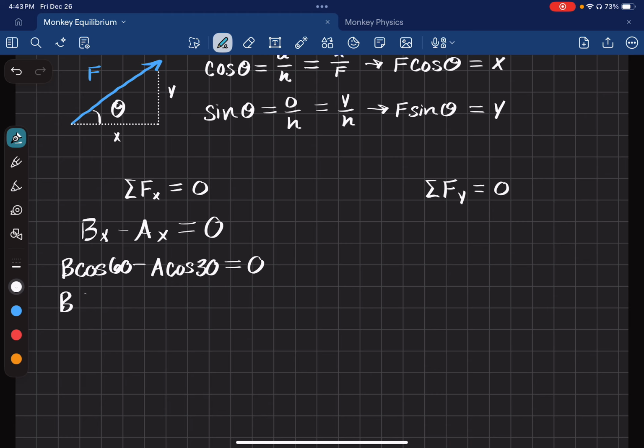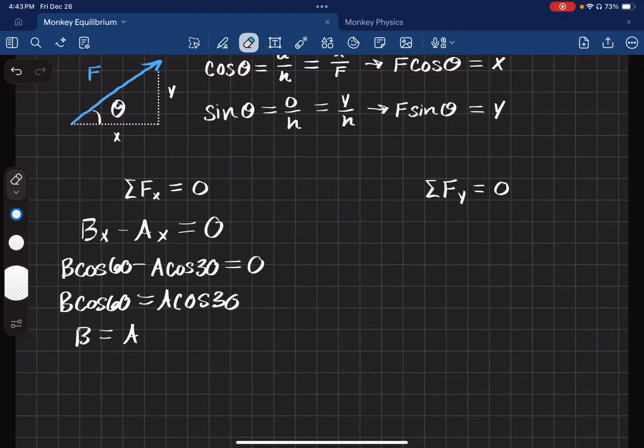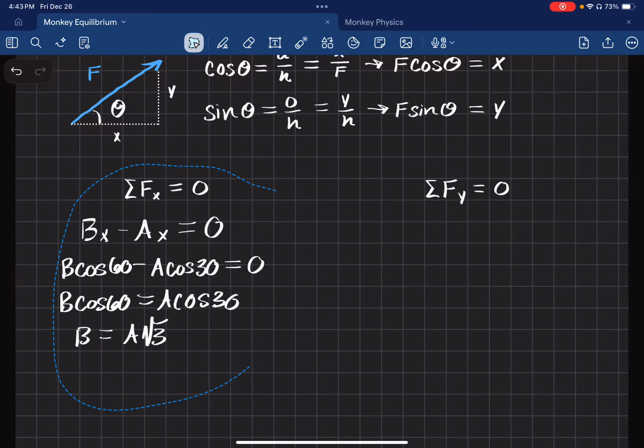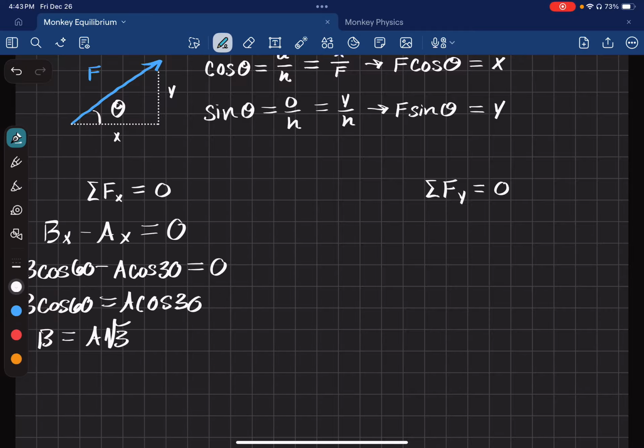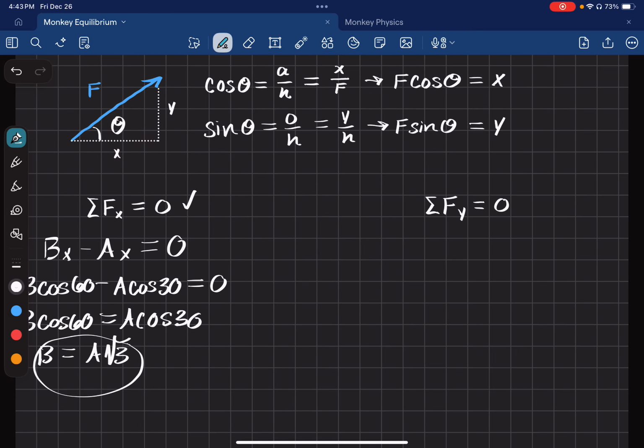So I'm going to solve for B. This is just the square root of 3. So B is equal to A times the square root of 3. All right, so we're done with the x direction, and we'll come back to this later, but we'll also use this.